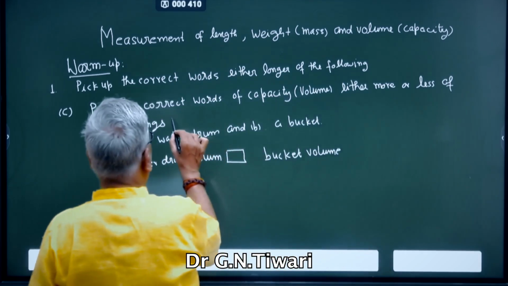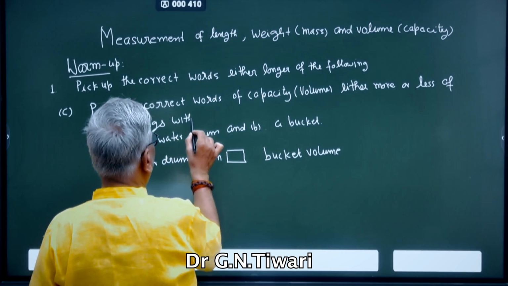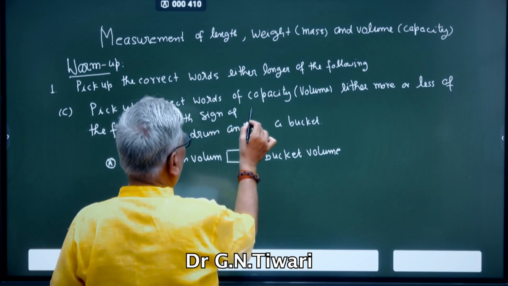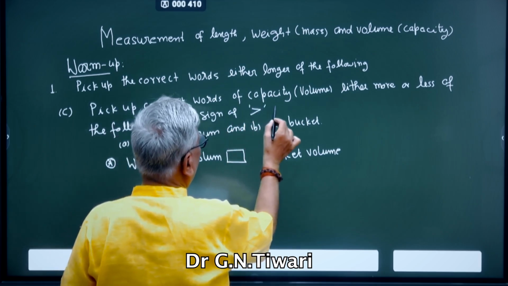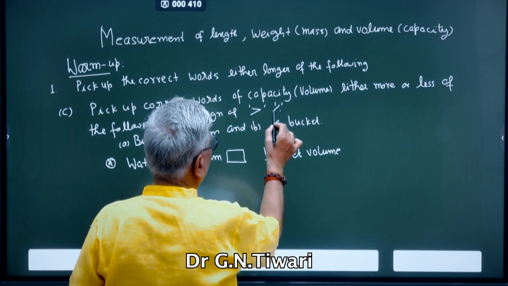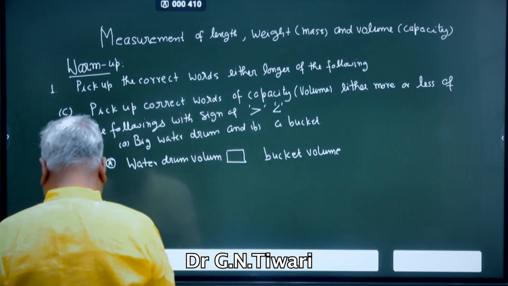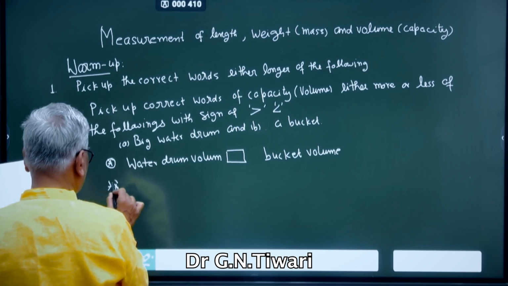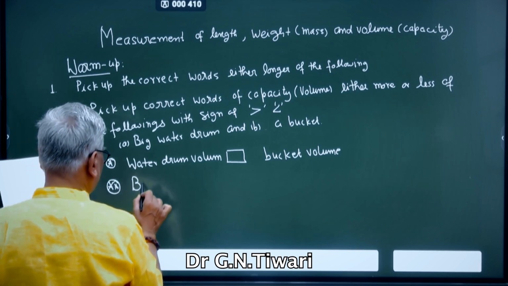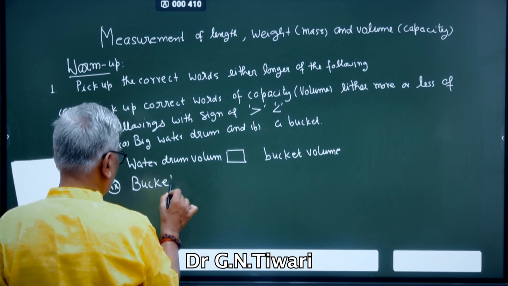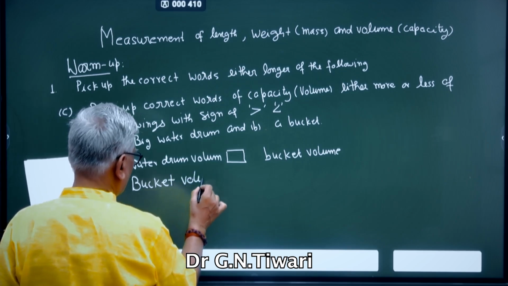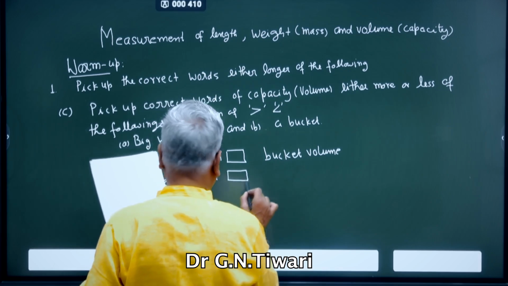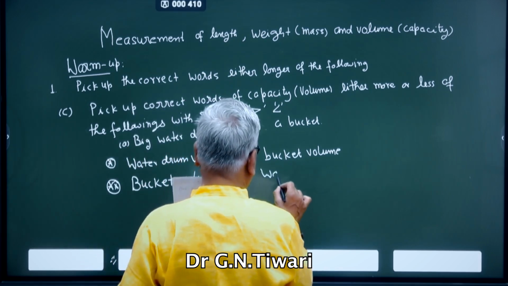Here you can write with the sign of either greater or less. Then second, bucket volume is less than the water drum volume.